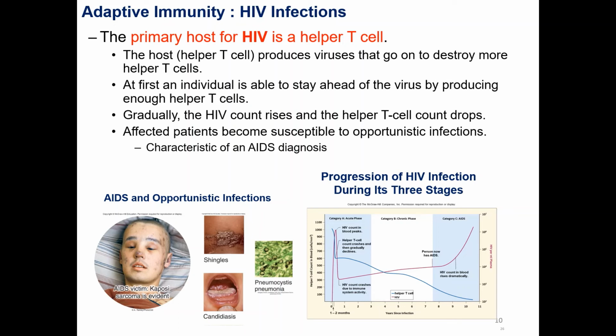At first, the individual is able to stay ahead of the virus by producing enough helper T cells, but gradually, when the HIV count rises and the helper T cell count drops, the HIV patient will be susceptible to opportunistic infection. Okay, the victim will get several symptoms and infections, for example shingles, candidiasis, and also pneumonia.